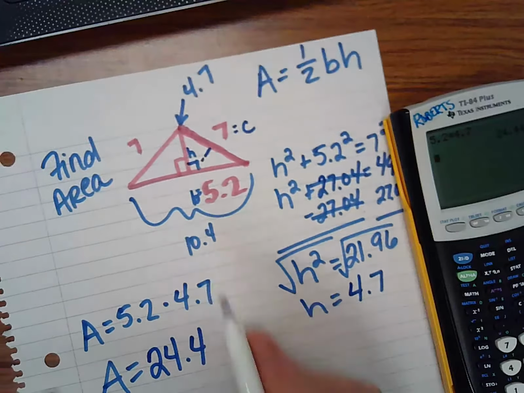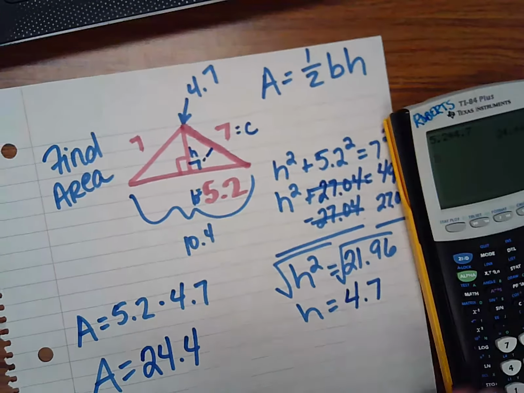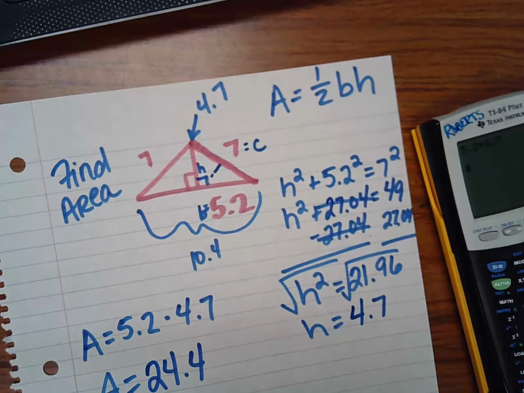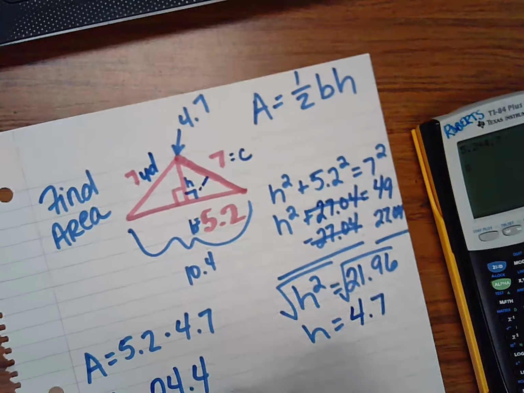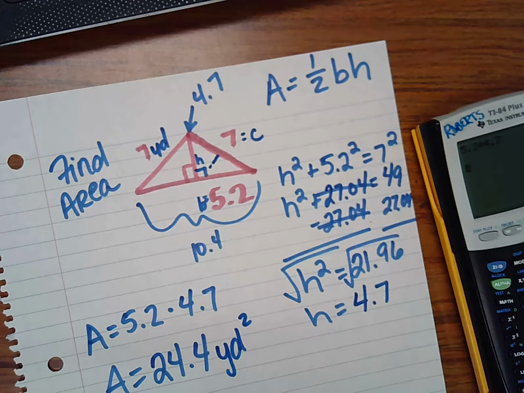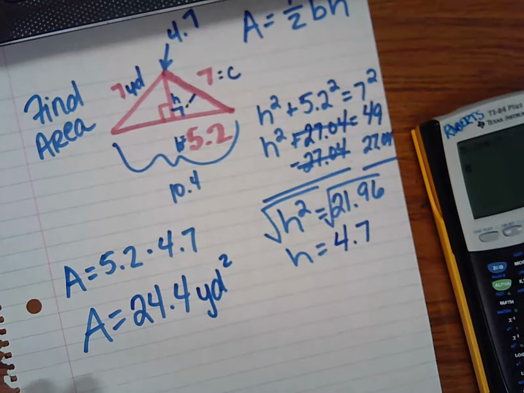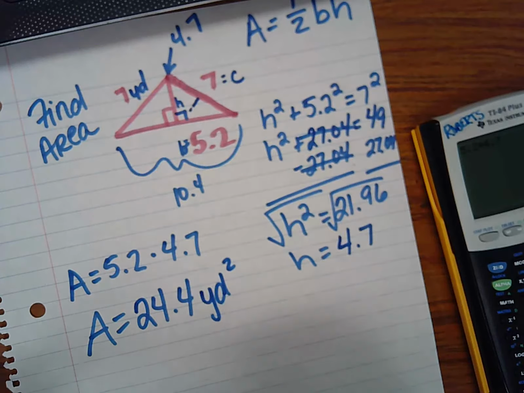So the area of this triangle is 24.4, and I didn't give you any kind of measurement. Let's say this is yards, and so that would be 24.4 square yards. Okay. Alrighty then.